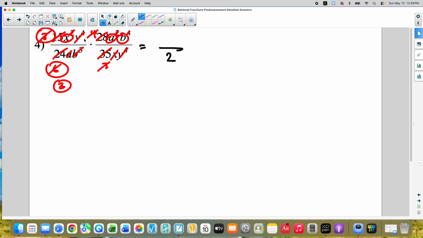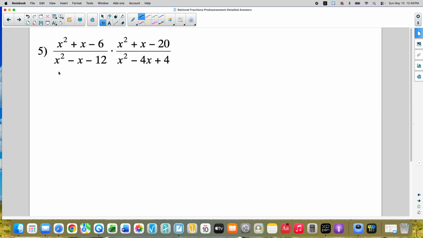So you have in the numerator abx. In the denominator, you got a 2. That's it. So abx over 2. You can break all that up and show the prime factorization and cancel, but I'm pretty good at keeping track of stuff. All right, we're going to have to factor each of these.